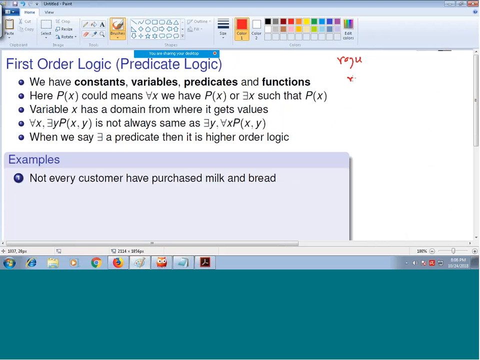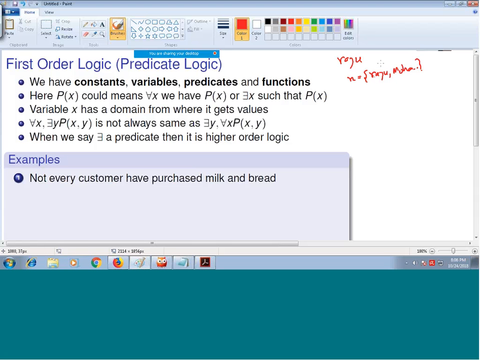Similarly, X can be a variable, and whenever you have a variable there is an associated domain from where it can take its value. For example, X can take Raju, Mohan, and so on; any of these names could be given to it.